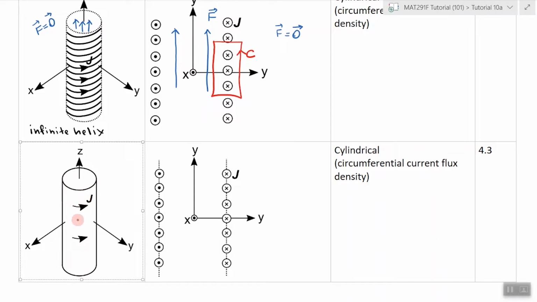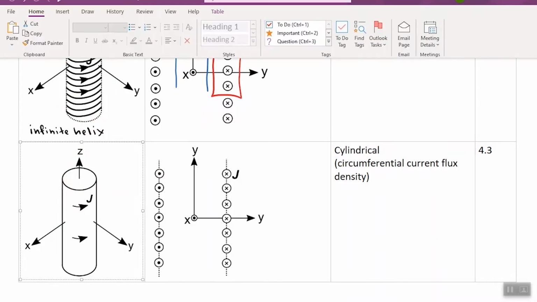And then instead of surface current, you would have a volume current density that's distributed over some volume. But that's not what I'm showing here. Here I'm just showing a shell. In a shell, the current would look very similar to the infinite helix.